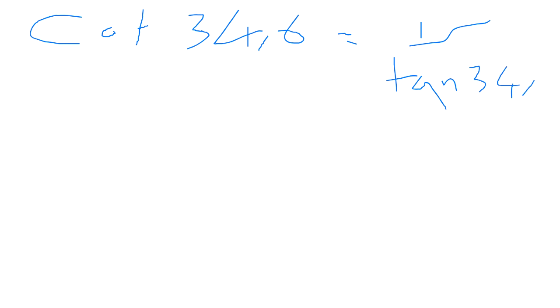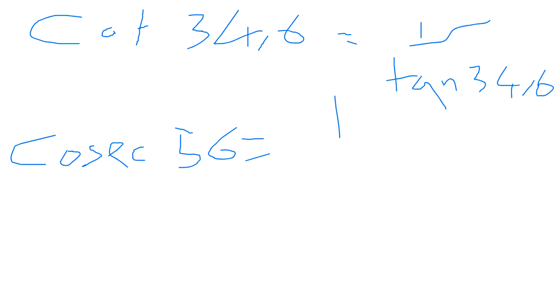We just punch 1 over tan 34.6. The next one is cosec 56, which will be the same as 1 over sine 56.